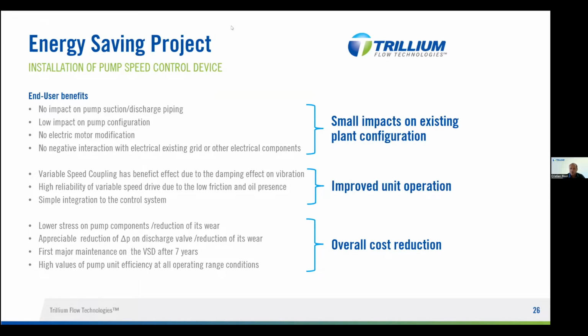So we also have to evaluate the impact in terms of the difference between the existing configuration and the new configuration. Then the other family of advantages is the improvement of the operation of the pump. And the third family, of course, is related to the cost.